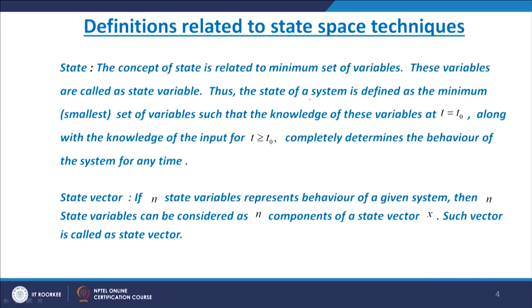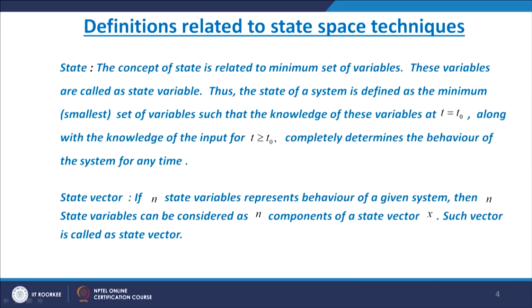Thus the state of a system is defined as the minimum or smallest set of variables such that the knowledge of these variables at t equals t naught, along with the knowledge of the input for t greater than or equal to t naught, completely determines the behavior of the system for any time. That means your output depends not only on the input but also on the internal state of the system. That is called the state.